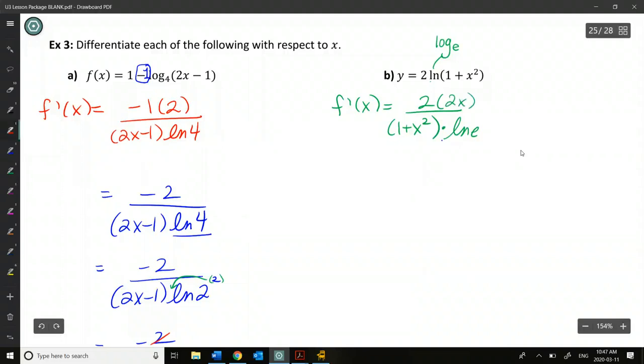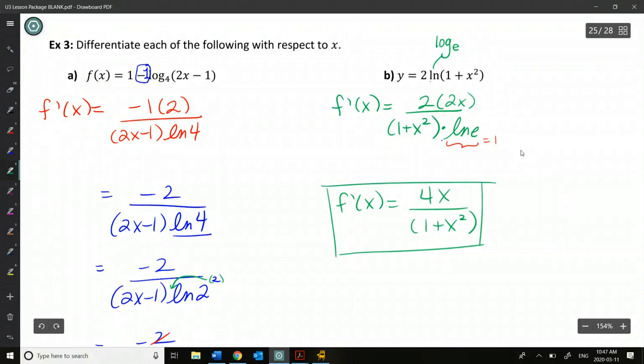Okay, so you will notice anytime you are taking the derivative of a function with ln, the ln is still a logarithm, it's just ln with base e. What always will end up happening here is that the ln e is going to appear in your denominator, and that will always equal 1. So we can simplify for this particular function. When you're doing the derivative of any logarithm that has ln, you don't have to write the ln of e, obviously.